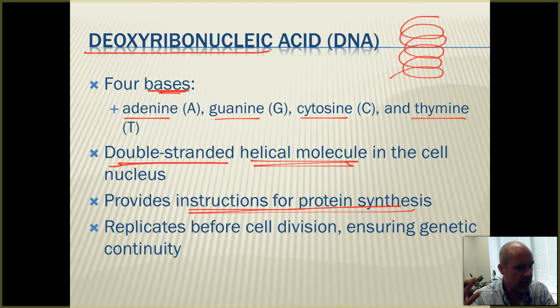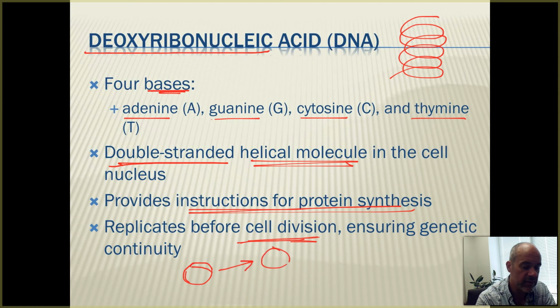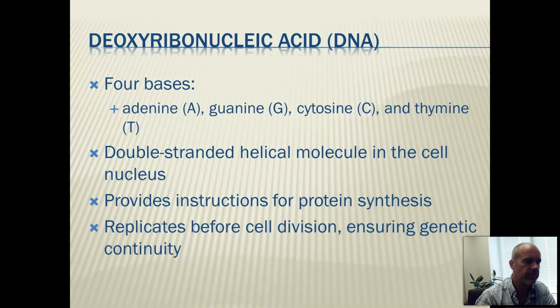Proteins are chemical workhorses, so if cells are going to function, they have to be able to build their proteins. Therefore, before a cell divides, when one cell splits apart and becomes two cells, that DNA has to get copied to make sure both daughter cells have the DNA. If you don't have those blueprints that tell a cell how to make its proteins, the cell's not going to be able to function.